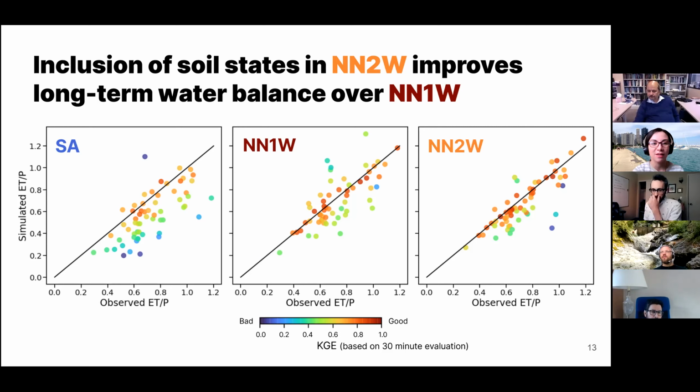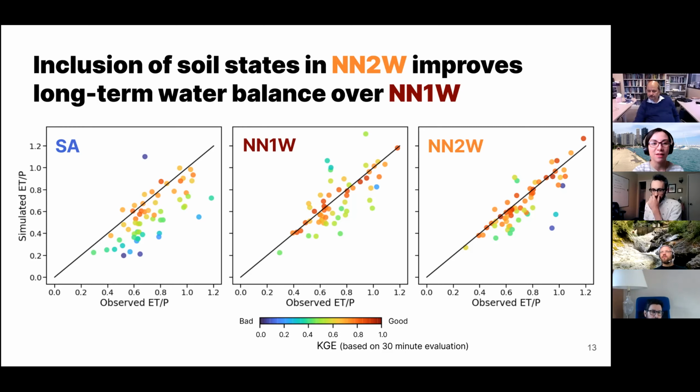Sort of. On average, sort of yes. For the most part, the NN configurations perform better.